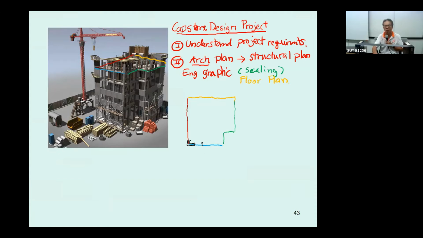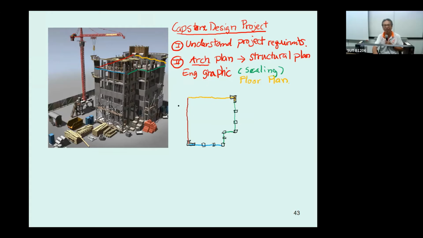You have 1, 2, and 3 columns. Okay. And then alongside this, you have 2 more columns, and then on this side you have this 1, 2, 3, and the wall. This 1, 2, 3, and again the wall that's taking care of the lateral load.